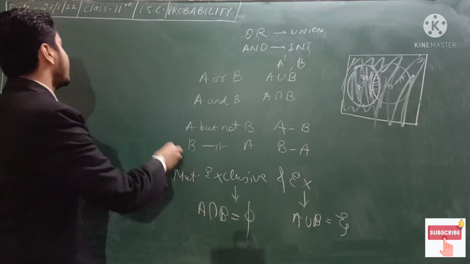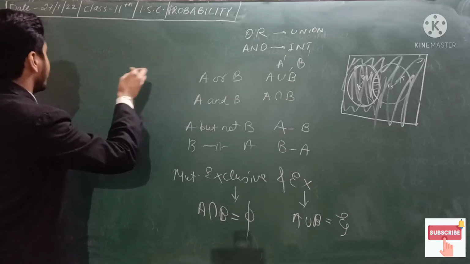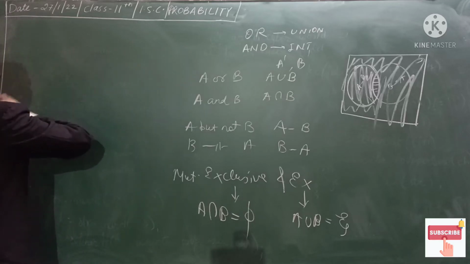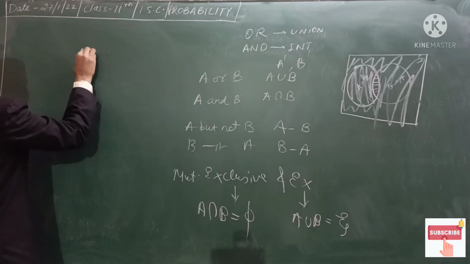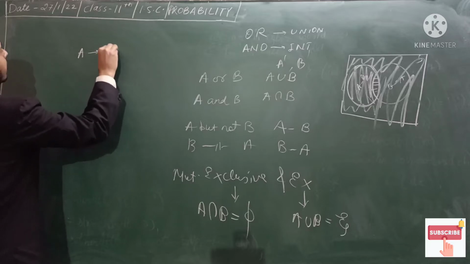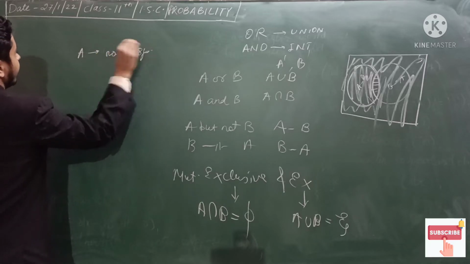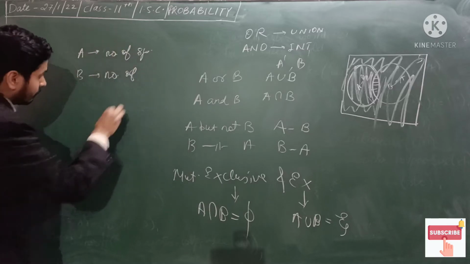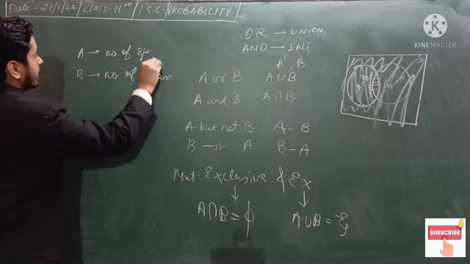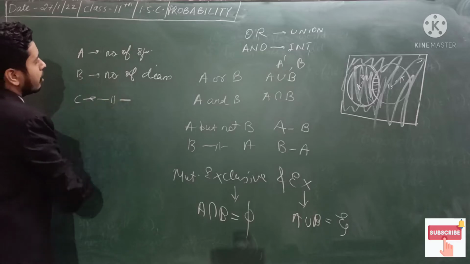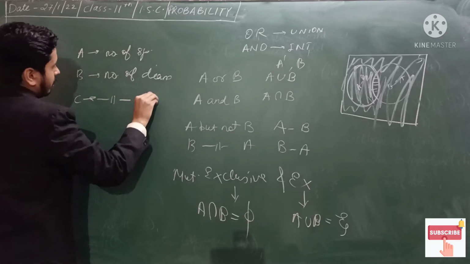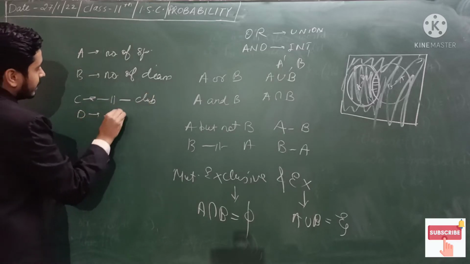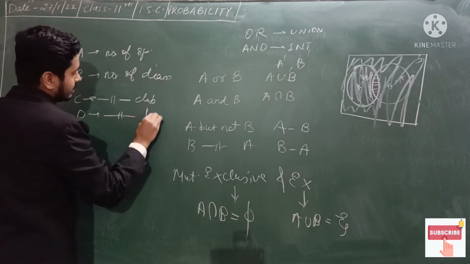And we have taken one question also. One very good example is if you take A event to be the number of spades, B event to be the number of diamonds, C event to be the number of clubs, and D event to be the number of hearts.